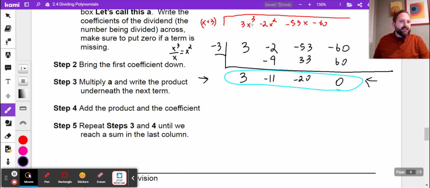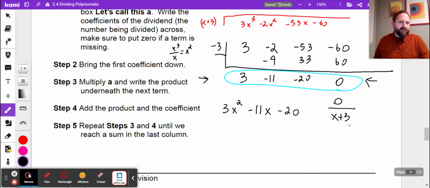If it's going to start at x cubed, if we divide by this, the x plus 3 right here, it's going to take out a power of the x. And so we're going to be left with 3x squared. Instead of cubed, it's now going to be 3x squared minus 11x minus 20 with a remainder of 0.